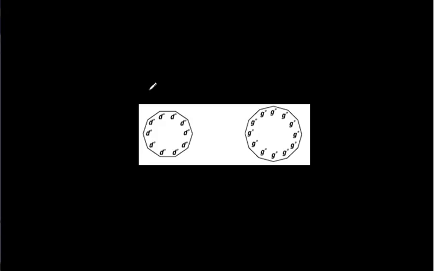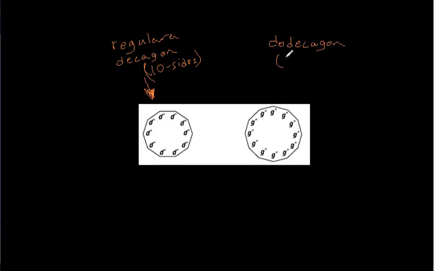Here I have a regular 10-sided decagon, and on the other side, a regular dodecagon, which has 12 sides.